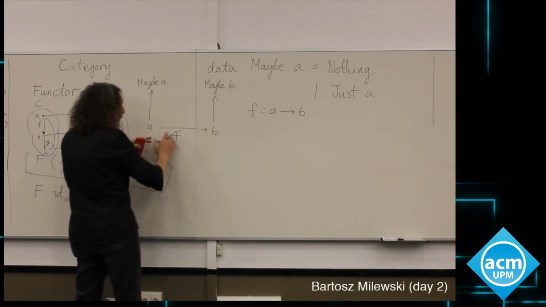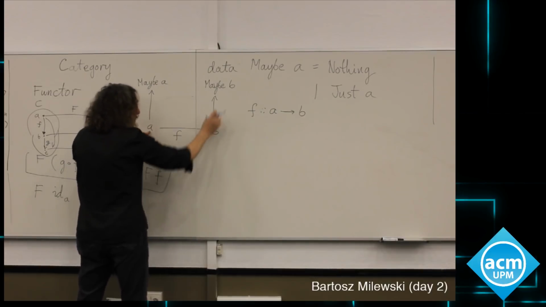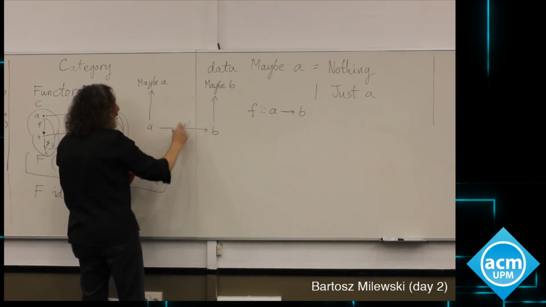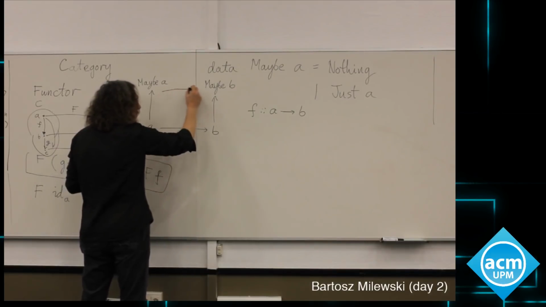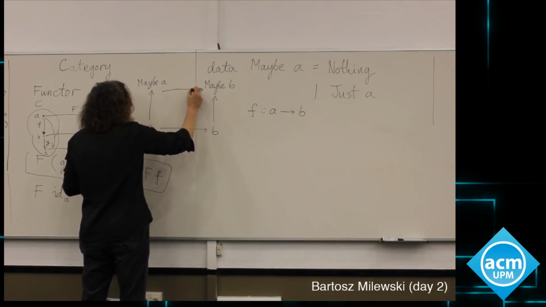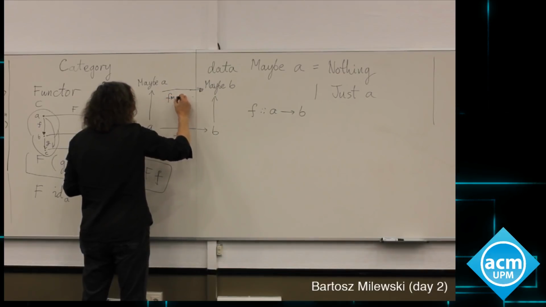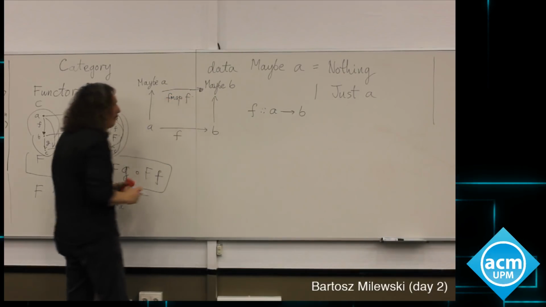It takes A into Maybe A, B into Maybe B. It has to take f into, well, sort of a Maybe f. This is called fmap in Haskell, fmap f. Okay?